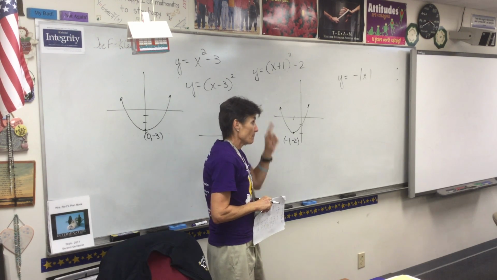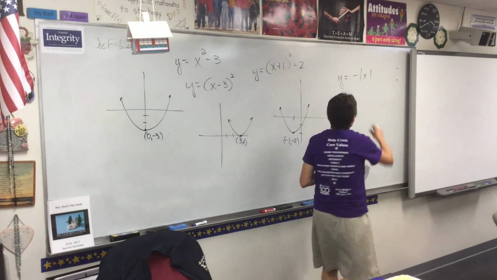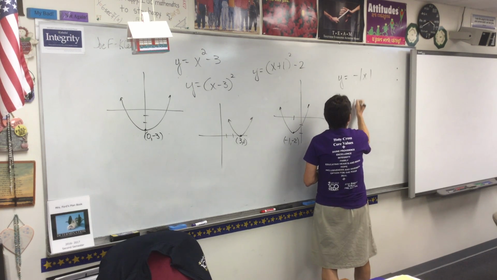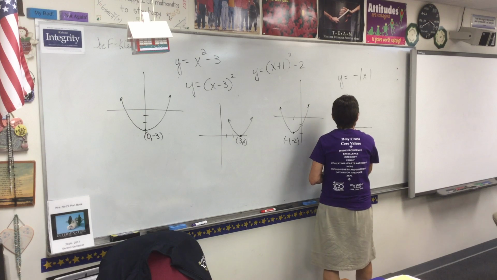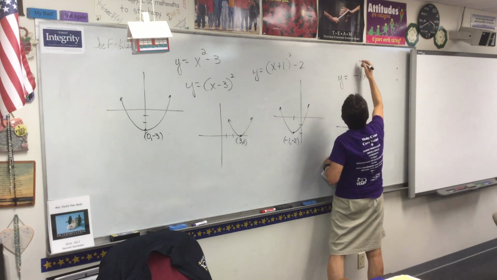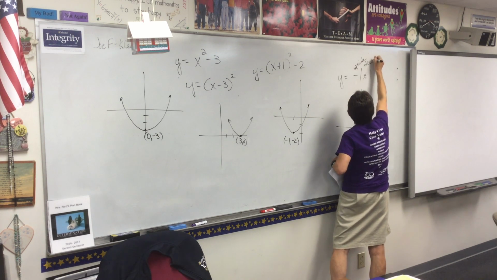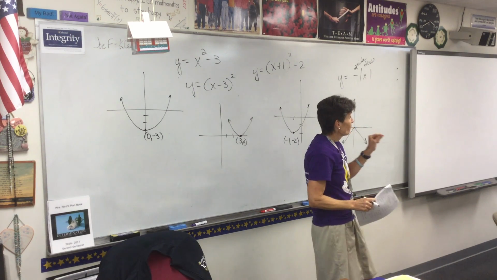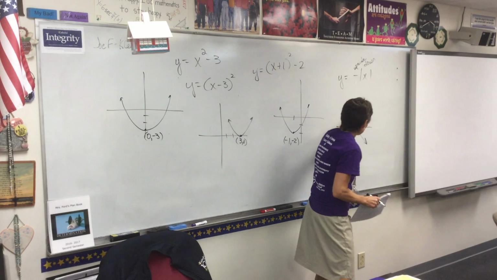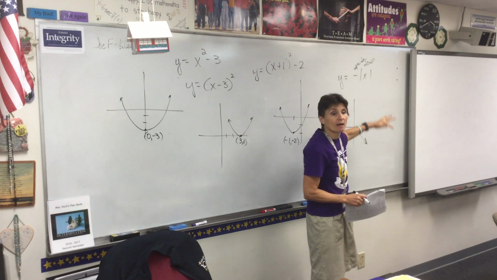Depending on where the negative is determines how you flip. If the negative is out in front of the problem, then it flips you upside down. The technical term is a reflection across the x-axis. I think of it as upside down.